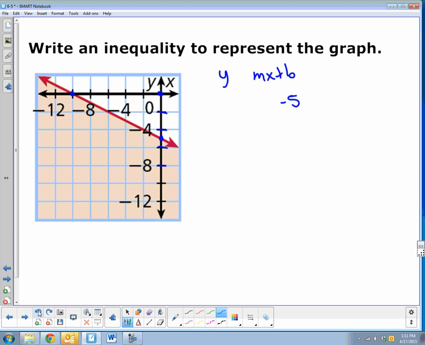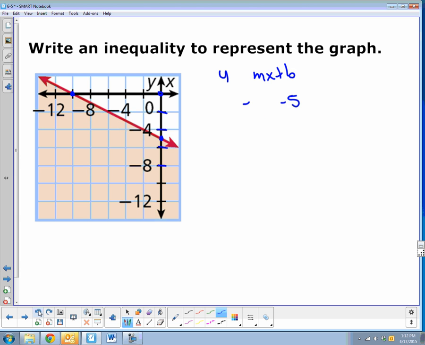So going again from -5, the rise is -5. The run goes all the way over to -10. So it'd be -5 over 10. However, I need to reduce. -5 over 10 is 1/2. And so it'd be -1/2 x minus 5.